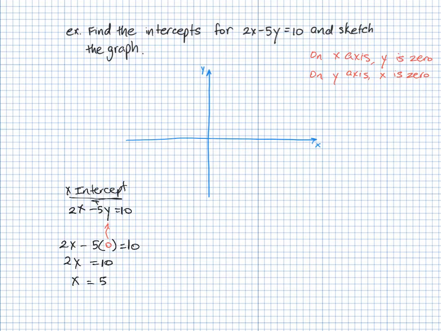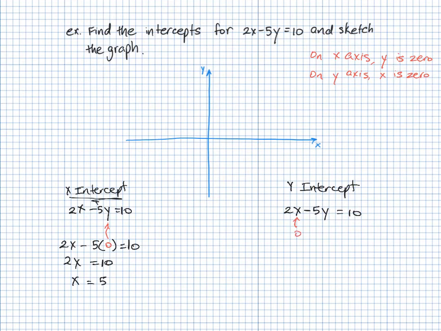We can do a similar thing in order to figure out our y-intercept. So we know that on the y-axis, x is always 0. So we have here 2x minus 5y equals 10. Again, on the y-axis, x is always 0, so we are going to set that equal to 0.